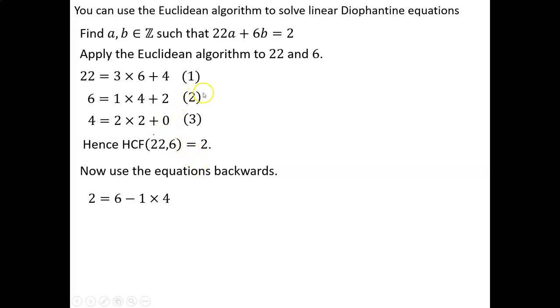So now I take equation 2 and I subtract the 1 times 4 from both sides. It's important that we write it as 1 times 4 and not just 4. Now, this 4 I rewrite using equation 1, where I subtract 3 times 6 from both sides.